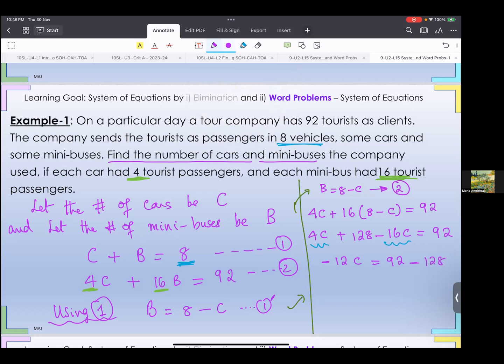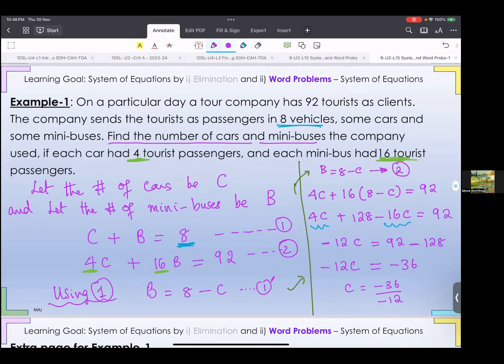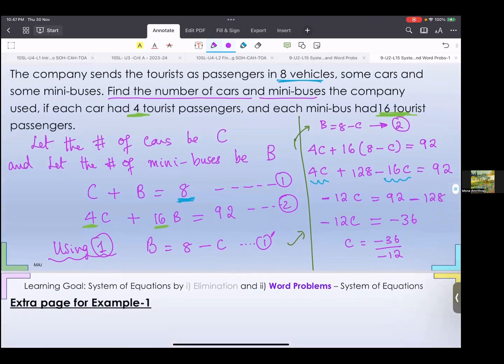So 92 take away 128 is negative 36, right? So c is negative 36 divided by negative 12, and so c is equal to 3.